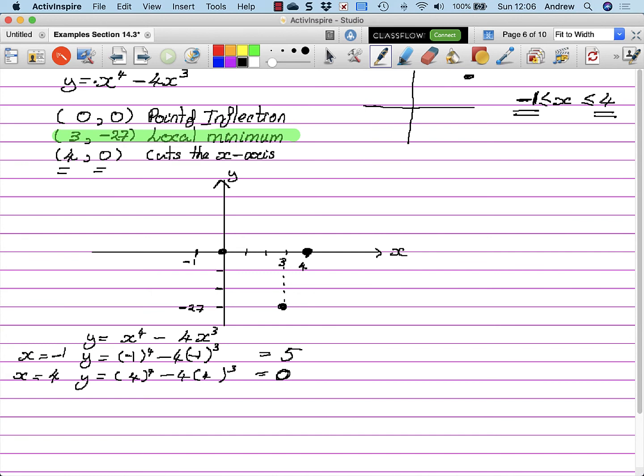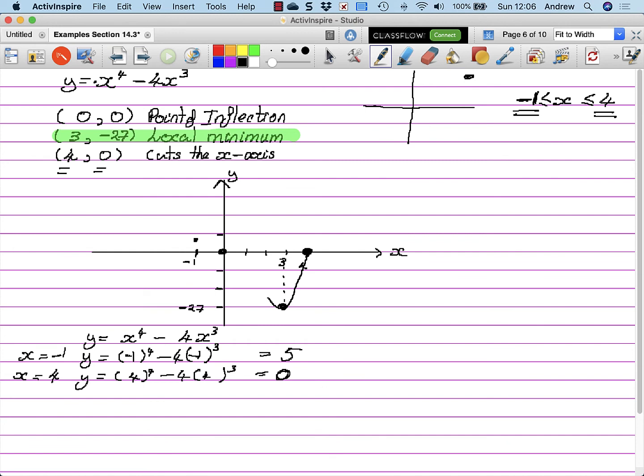We know that this point here is a minimum, so I can draw it up to there, and we know that -1 has an output value of 5. This is a sketch, it doesn't have to be perfect, so I know that 5 is roughly there, but I could have done it slightly higher.